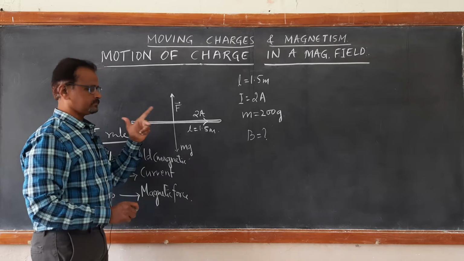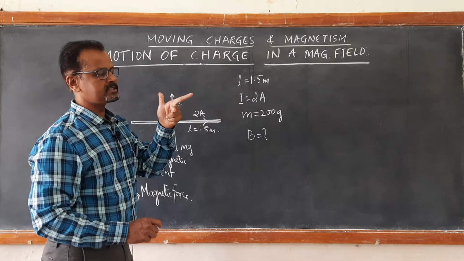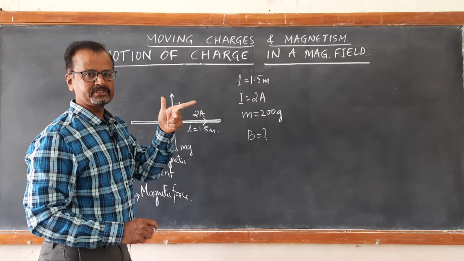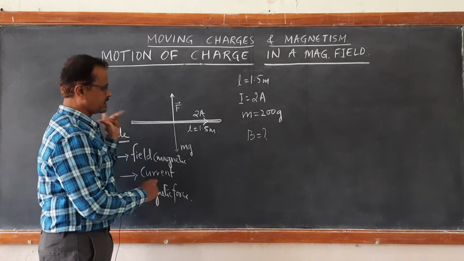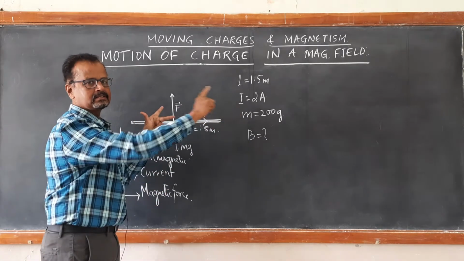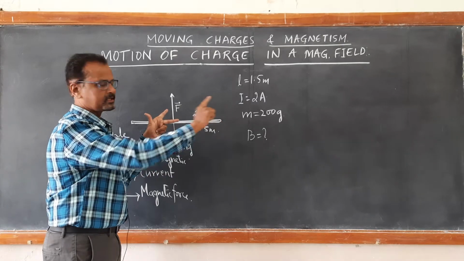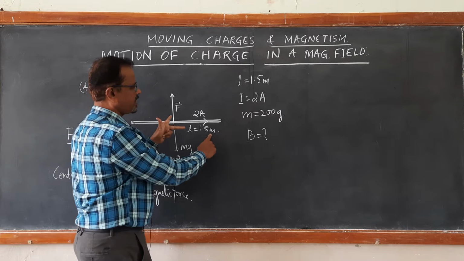Now, I am using my left hand. The first 3 fingers are stretched mutually perpendicular to each other. You see the central finger pointing in the direction of flow of charges, that is the direction of flow of positive charges, that is the direction of current. So, this gives you the direction of IL.